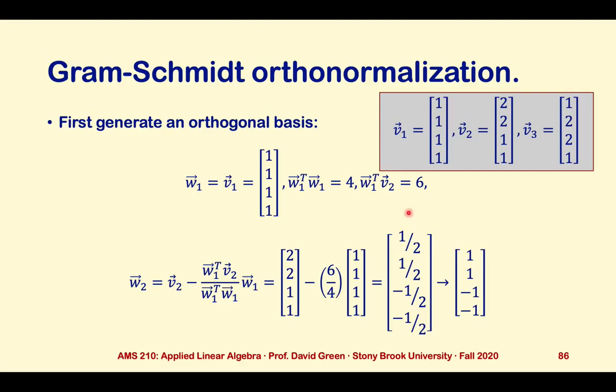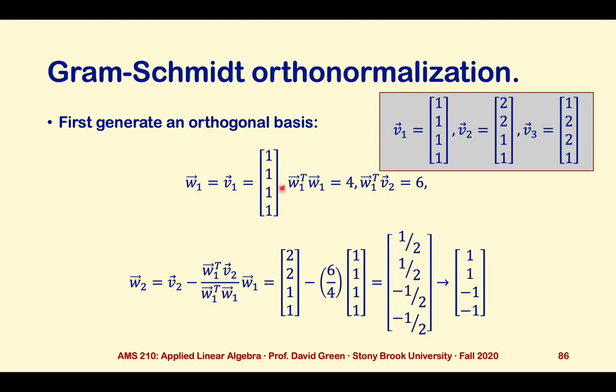And so when I get a result like this, with many fractional entries, I tend to simply scale this vector by an appropriate constant to get a vector in the same direction, but with all small integer values. So multiplying this whole vector by 2 transforms it to 1, 1, minus 1, minus 1.